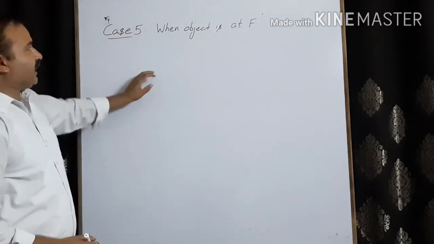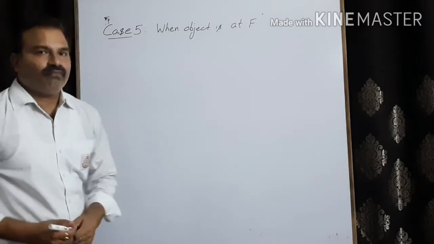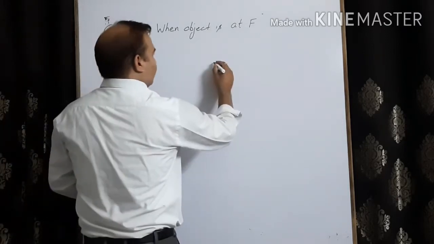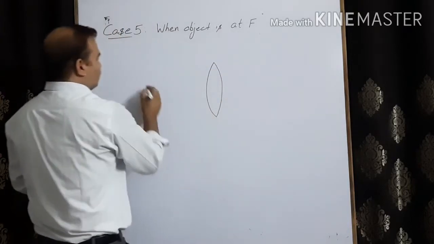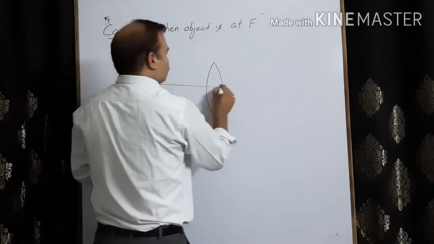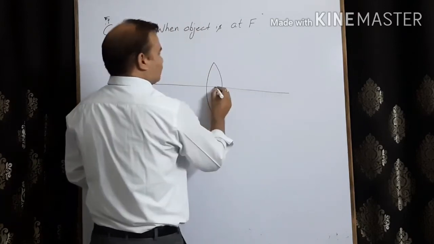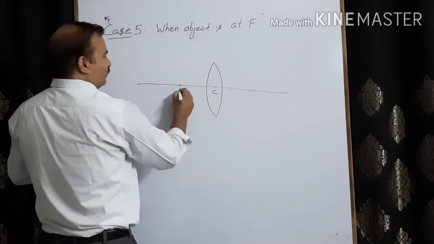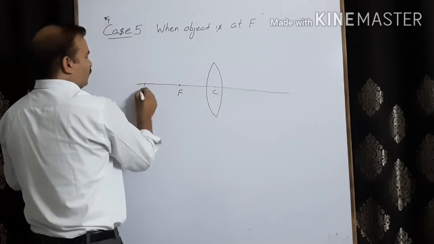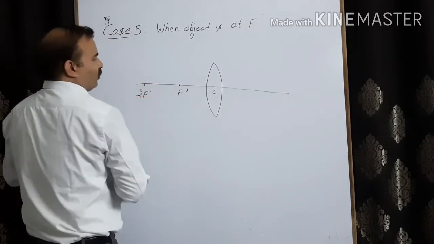The fifth case is when the object is at the focus. For that the ray diagram will be this: the convex lens, this is the principal axis passing through the optical center C, this is the focus F, this is twice the focus.